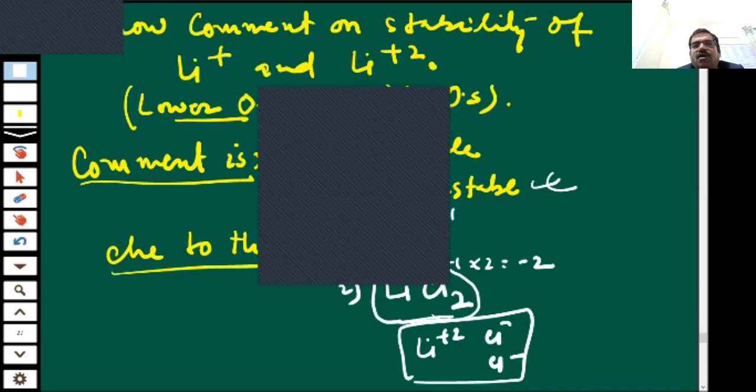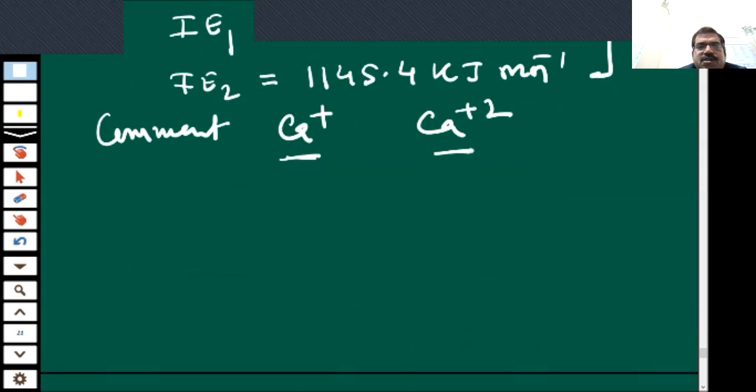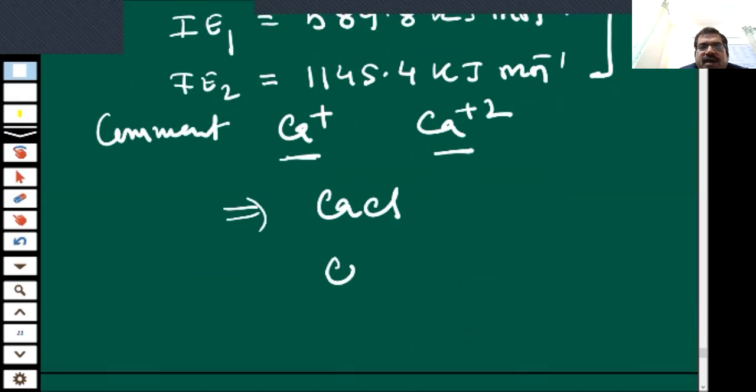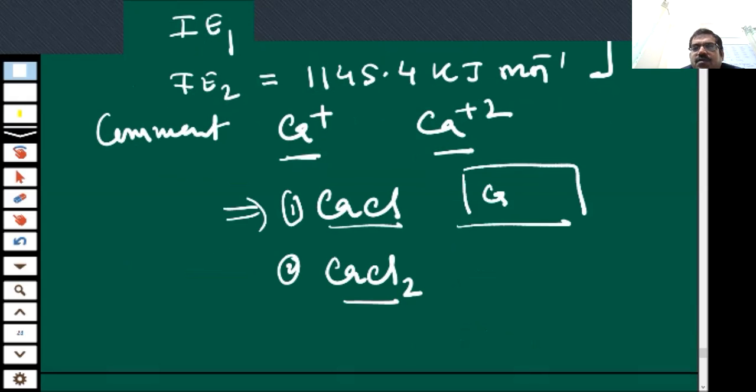Right. On this basis, a problem may come like this. See, one is CaCl and another is CaCl2. Which one is the correct formula? Which one is stable? Tell me. One is a cation and another is an anion. This is a molecule, Ca plus and Cl minus.